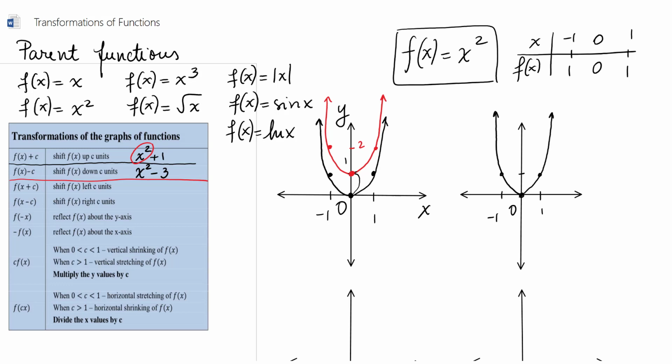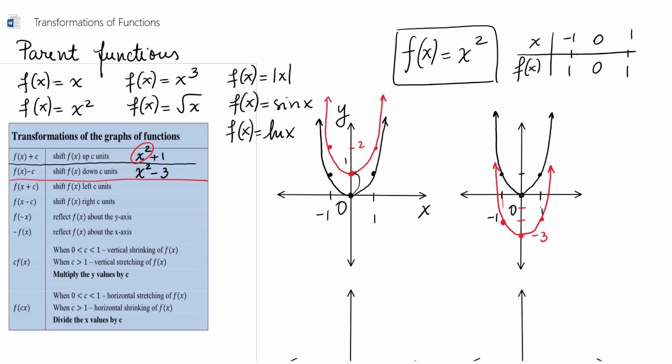So the origin is going to be 1, 2, 3, the new origin is going to be at negative 3. This point is going to shift down 1, 2, 3. My units are not that clear, but the graph is going to be the same, just shifted 3 units down.